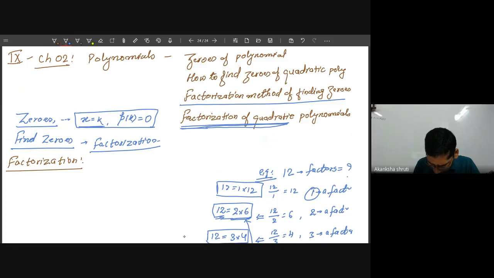Our quadratic polynomial is ax square plus bx plus c. Quadratic means degree 2, and in the standard form it is written like this. So the factorization tells that this quadratic polynomial can be split.